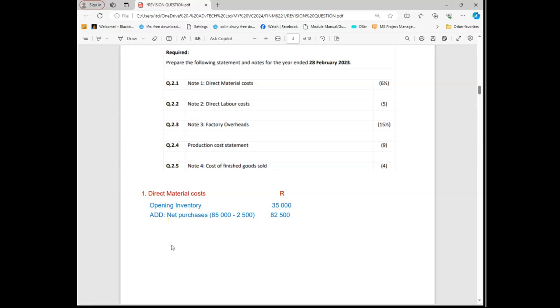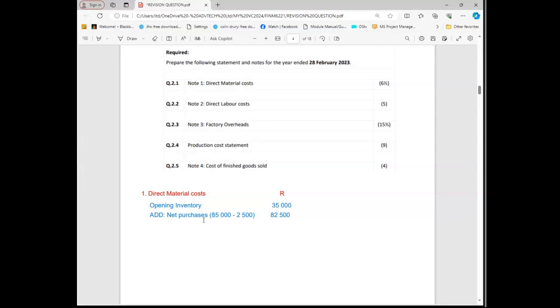Let's say you go to Pretoria, you buy stock, you want to go and sell in Midrand. What other costs can you incur because you want to buy? Petrol, transport, those things. Yes, transport. We must do the same here.